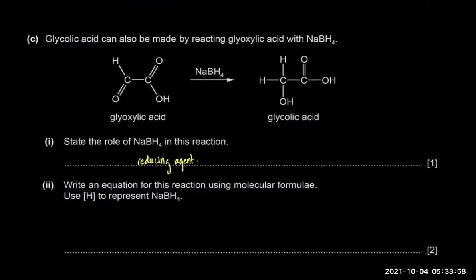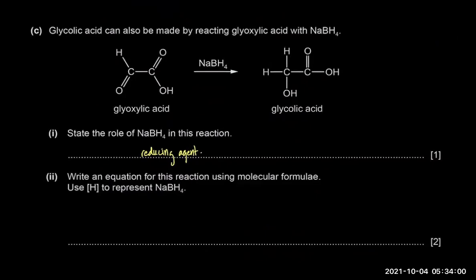Right. Write an equation to represent this reaction using molecular formulae. Okay, so C2H2O3 reacts with 2H, that's reduction of aldehydes, to form C2H4O3.